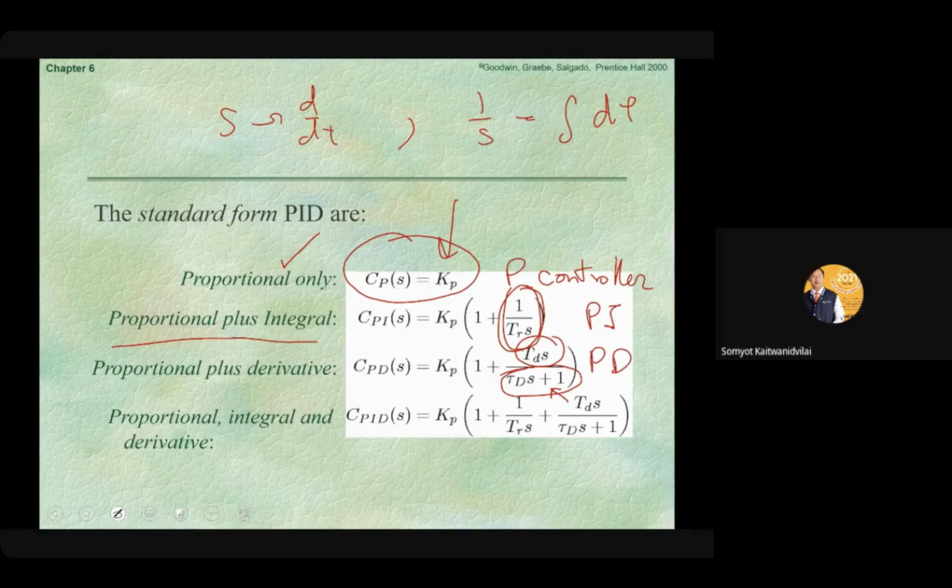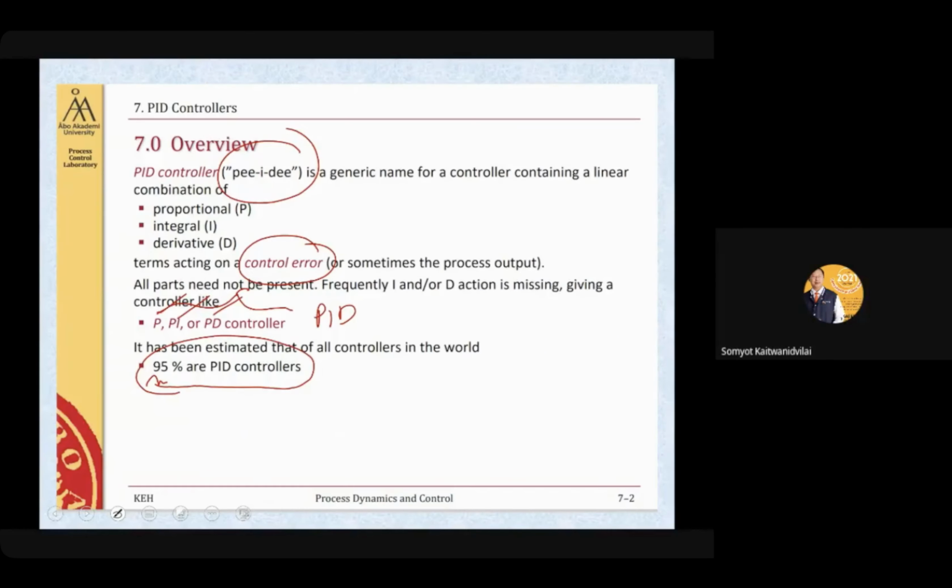Again, it's called PID. It is a control error method, and it has the forms P, PI, PD, and PID. They have many forms, and all of them we can say are PID. More than 95% in the world use PID.